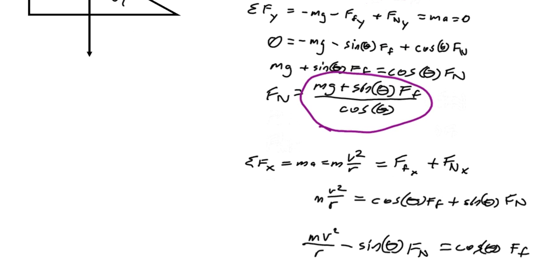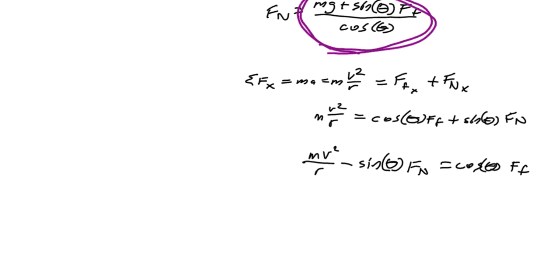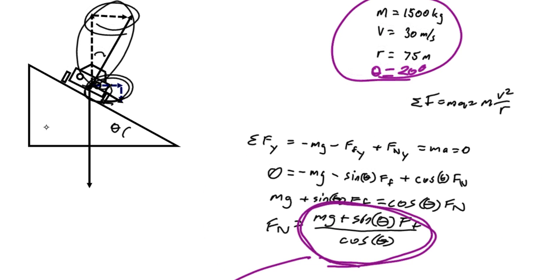So whatever theta is going to give us some value here for the normal force. And then whatever value we have for the normal force, we will take that and substitute that value into here. And of course, at the end, divide by cosine theta in order to get a friction force along the plane. And by the way, that friction is going to be along the plane.